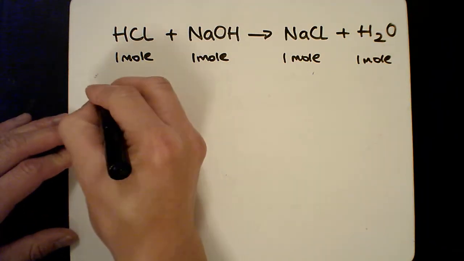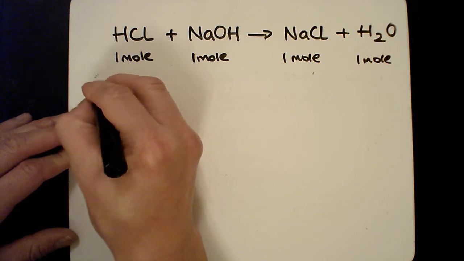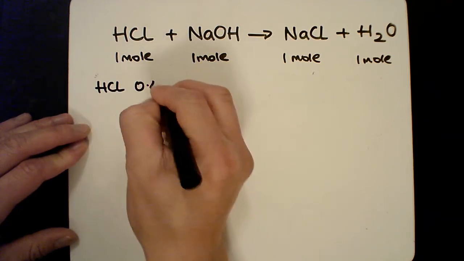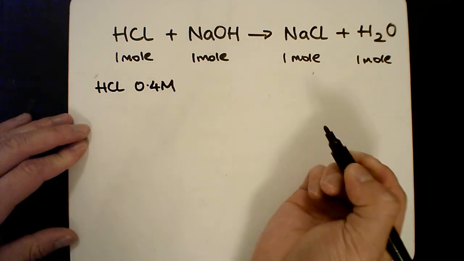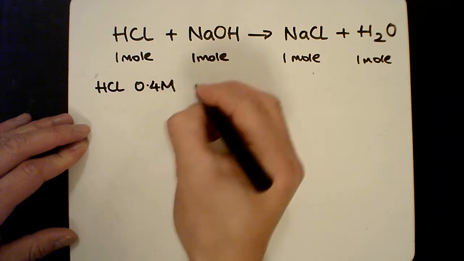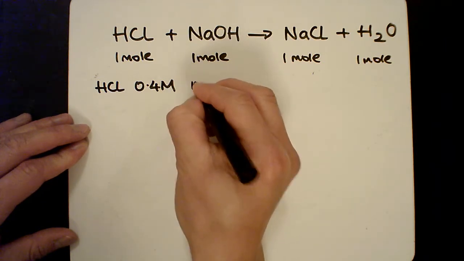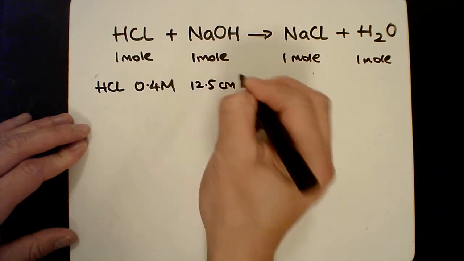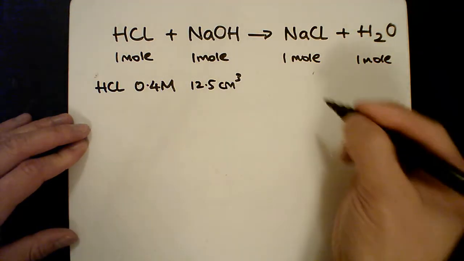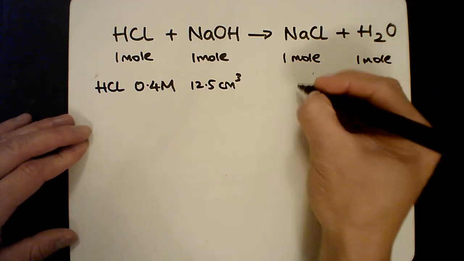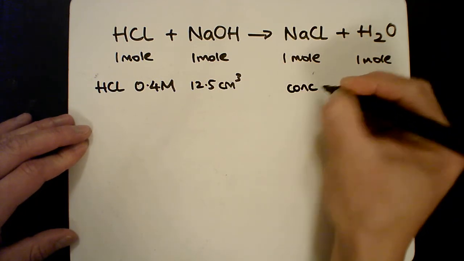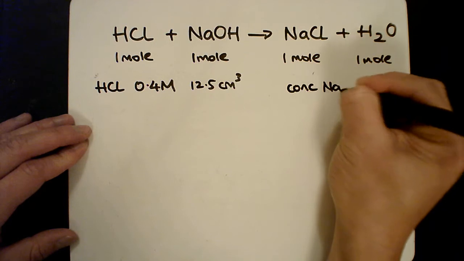Well, I know that my hydrochloric acid is 0.4 molar, and I used 12.5 centimeters cubed. And what I want to find out is the concentration of NaOH.